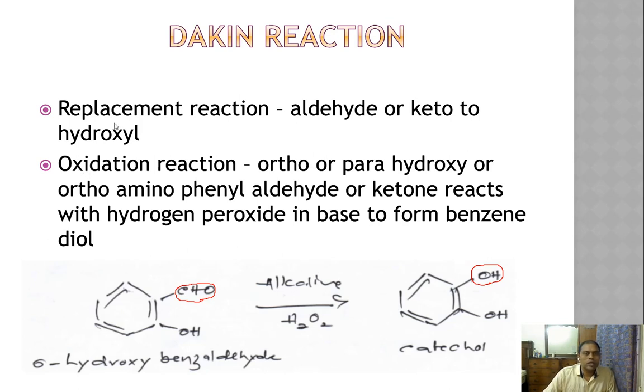So that is a replacement reaction. So in this particular reaction, Dakin reaction, aldehyde or ketonic groups are getting converted to hydroxyl group. So it's an oxidation reaction, as I told you before. Instead of replacement reaction you can put it into oxidation reaction.